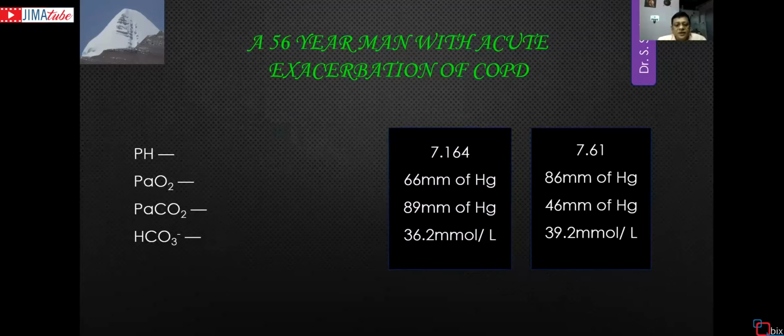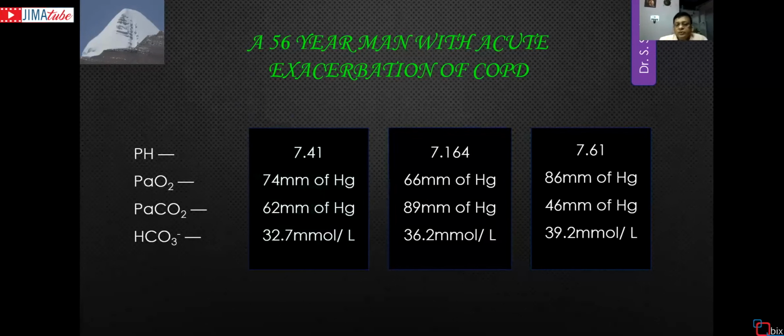There is a fall of carbon dioxide level, and this pH change can only be explained by carbon dioxide changes. And if you compare with the normal condition, the carbon dioxide level decreases.